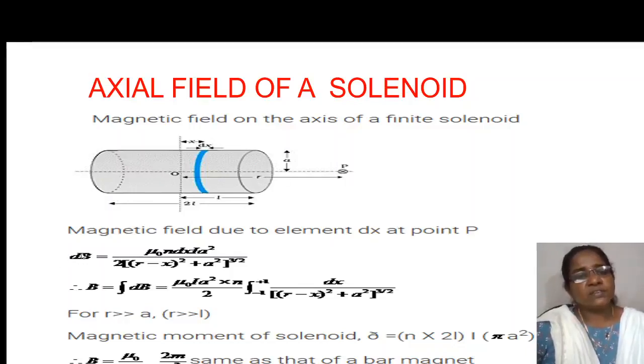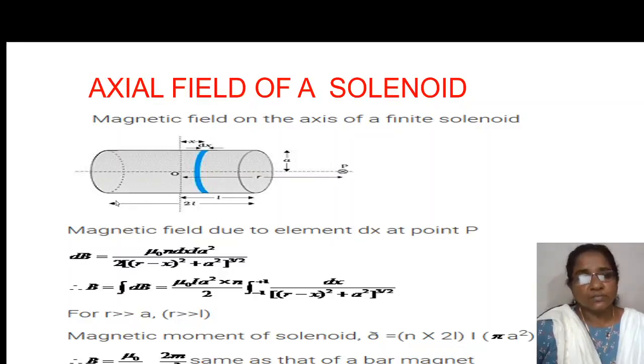Now we obtained this expression, the intensity at P produced by the current through this section of the coil is given by dB is equal to mu 0 n dx I a square divided by 2 into ((r minus x) whole square plus a square) raised to 3 by 2. And on integrating from negative L to positive L, total length is 2L. This point is 0.